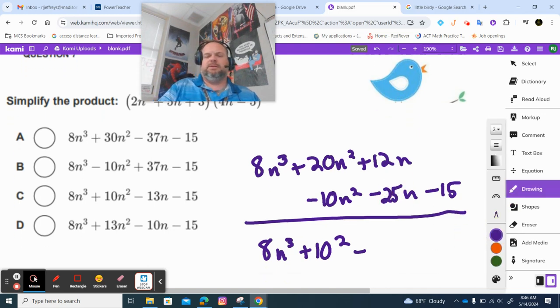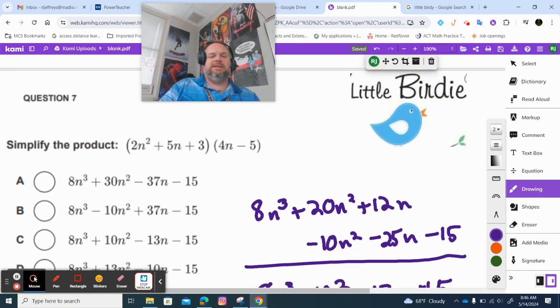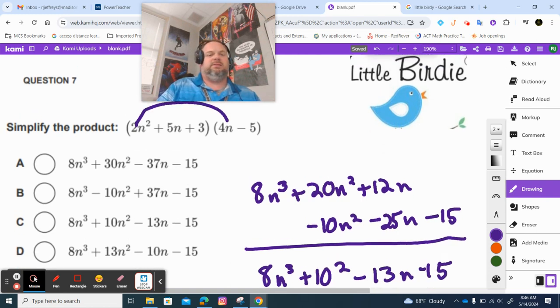I was looking at the wrong thing. Hang on just one second. Where am I getting the 8n cubed? Is the 4 times this. Yeah, you multiply the numbers, you add the exponents. It's literally the same thing that we just did in the last problem. It's just on a bigger scale.